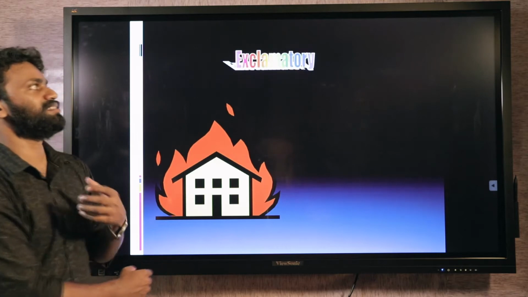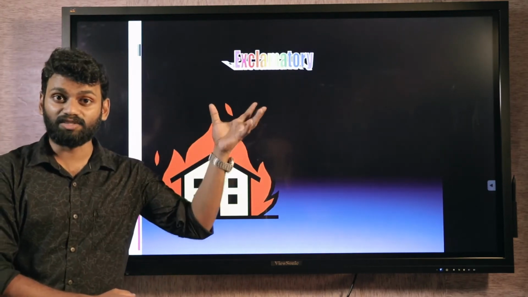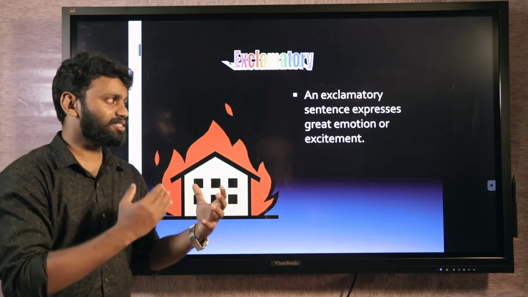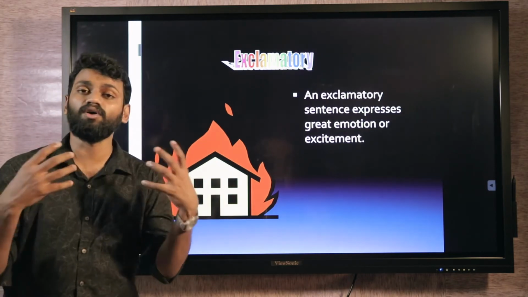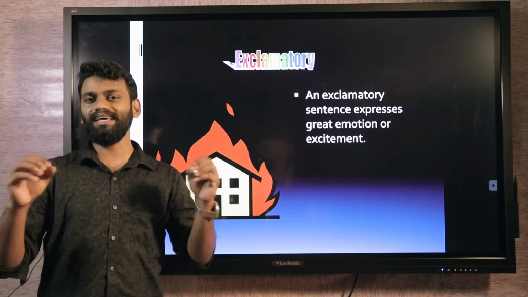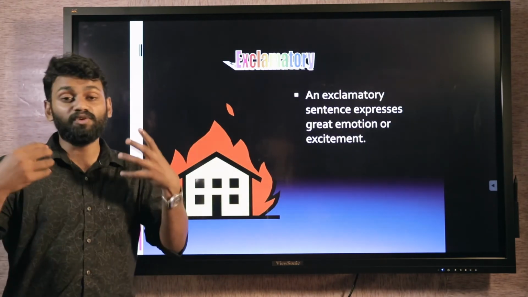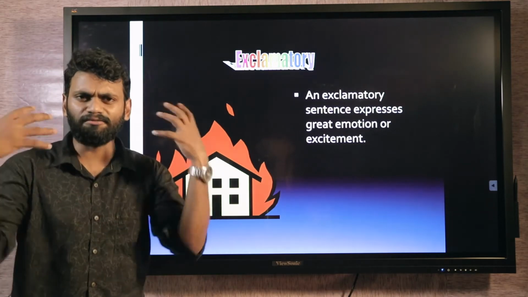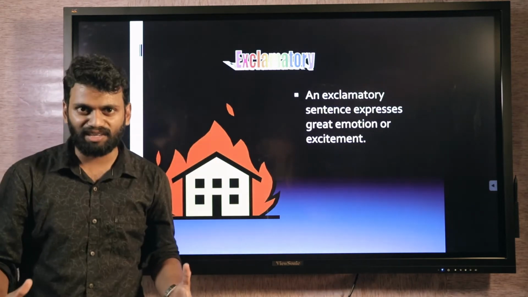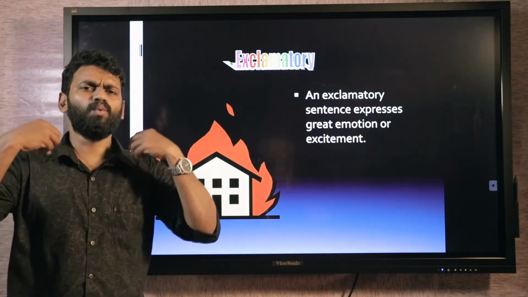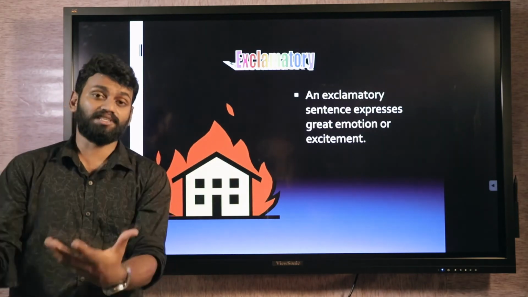The third type of sentence is exclamatory sentence. An exclamatory sentence expresses great emotion or excitement. Usually, exclamatory sentences are those sentences which express our emotions, our feelings. Sometimes when we are angry, when we are excited, when we are sad, all these times we say many things to express our emotion.